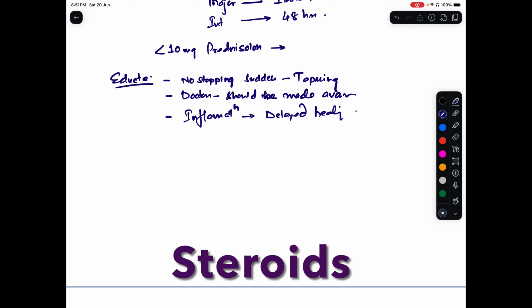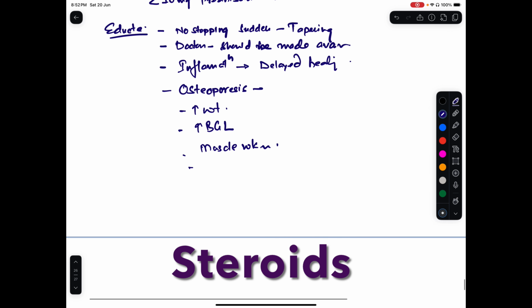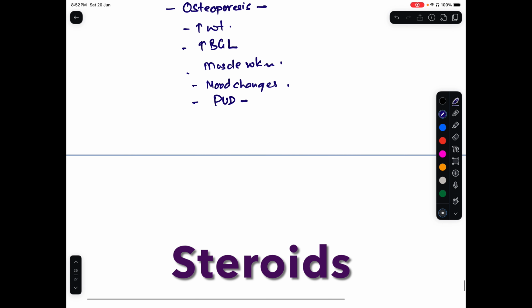So steroids may lead to osteoporosis, so there can be bone resorption, increase in weight, increased blood glucose level, muscle weakness, mood changes, peptic ulcer disease. The complications are the same. Wound healing will be delayed.